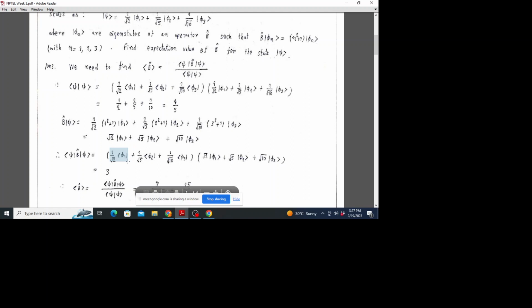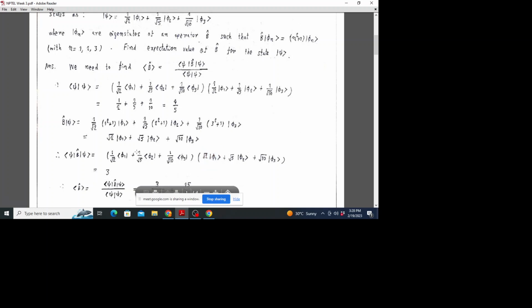Because the action of this first term is non-zero only when it is acting on this root 2 phi 1, because of the orthogonality condition, and phi 1 is normalized already. So the phi 1 inner product is 1, and this 1 by root 2 and root 2 cancel each other and give you 1.